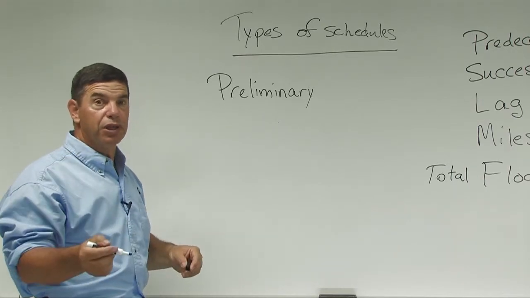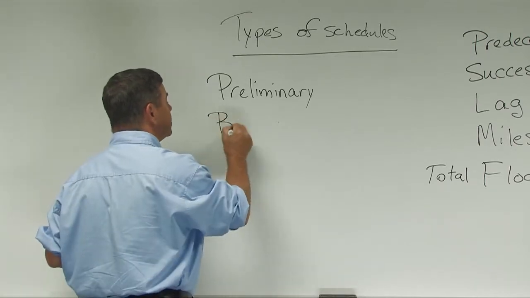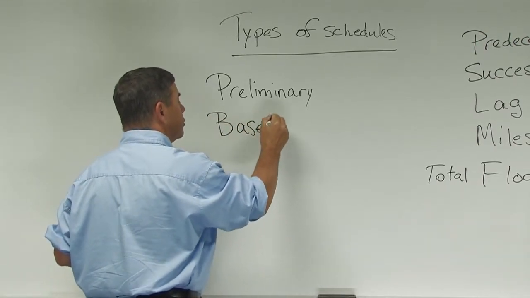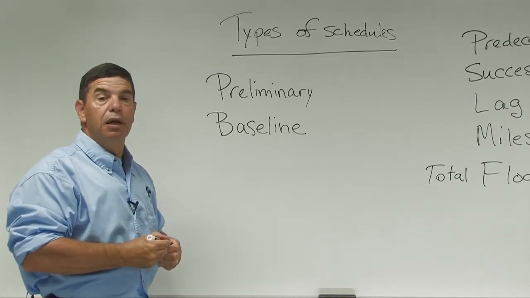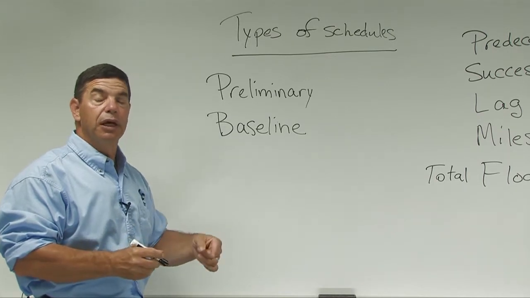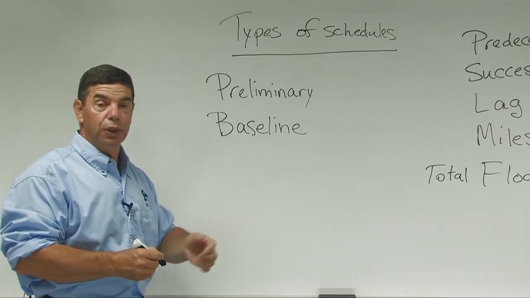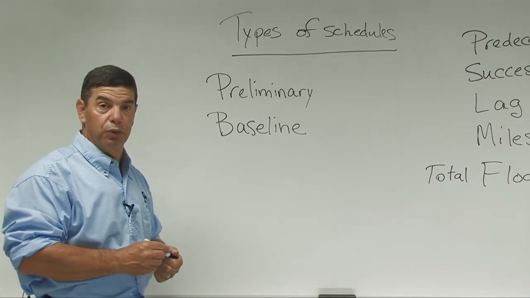When the preliminary schedule is accepted by both parties, it becomes a baseline schedule. The baseline is considered to be your original target. It's the list of tasks, the order of tasks, and the duration of tasks that everyone has agreed this is what we will do.